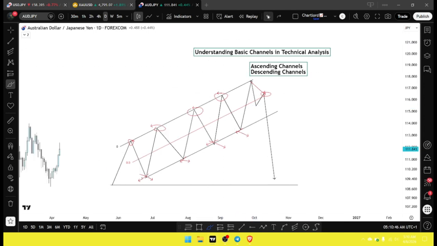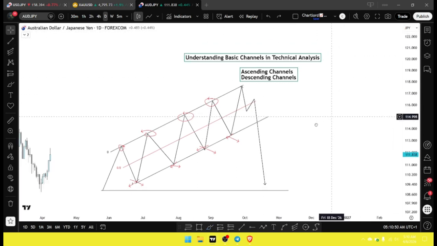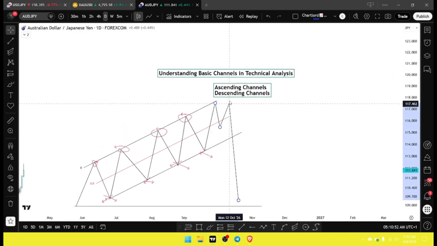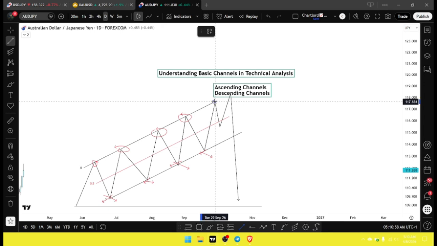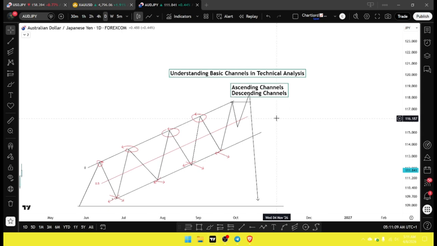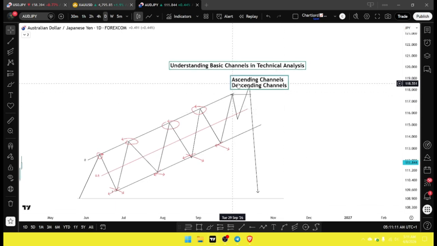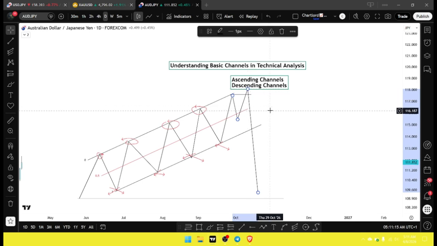Or sometimes you may get price move to take out this high completely to create a wick. It will just perform a sweep of this high and then start selling.